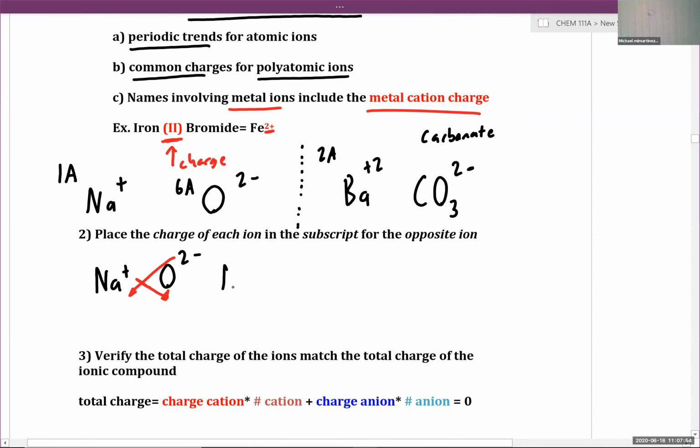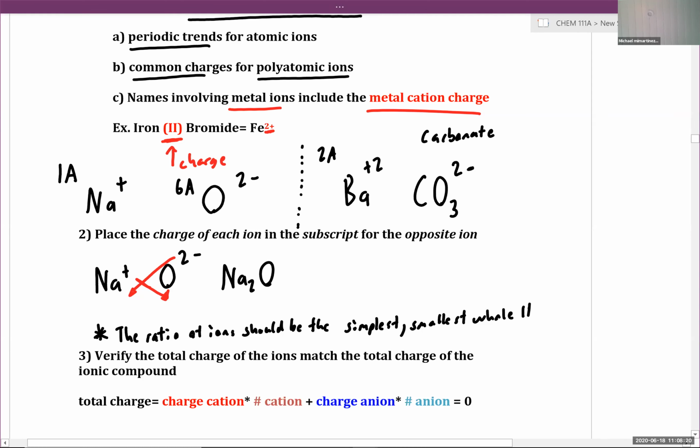This would give us Na2O for sodium oxide. Now there's one little asterisk that we need to note. The ratio of ions should be the simplest, smallest whole number ratio.